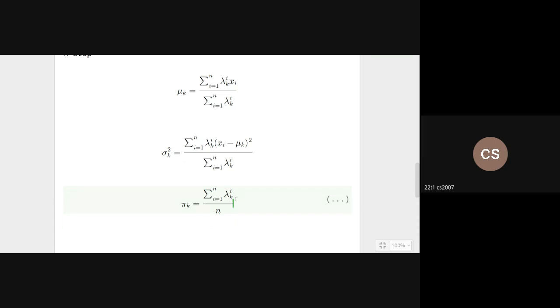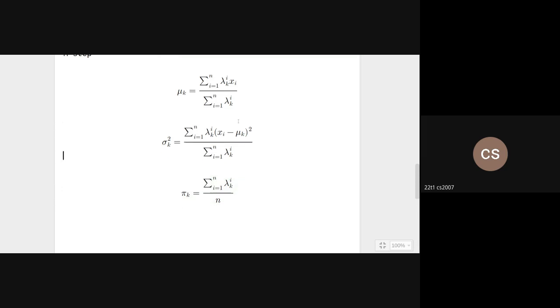Just to understand this, if a point completely belongs to one mixture, this will be 1, right? Say the third data point, lambda 3,1. If it completely belongs to mixture 1, then that value is 1. So what is this then? It's roughly the total number of points that belong to a particular mixture.